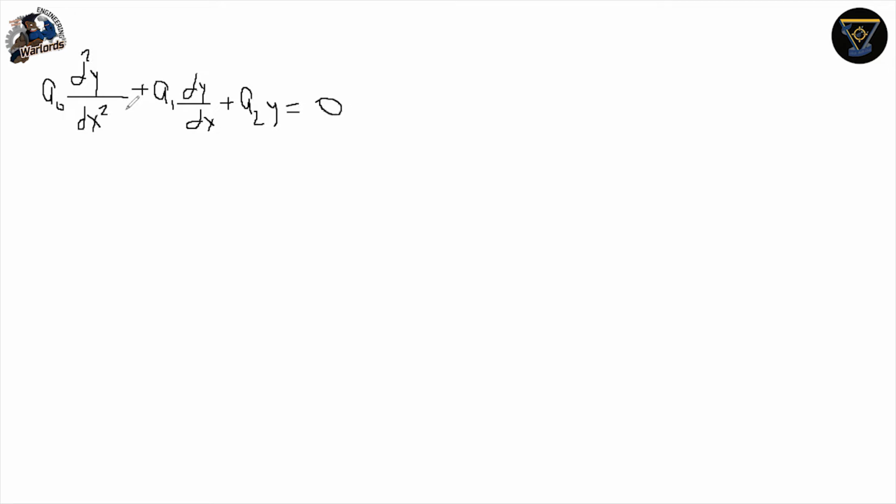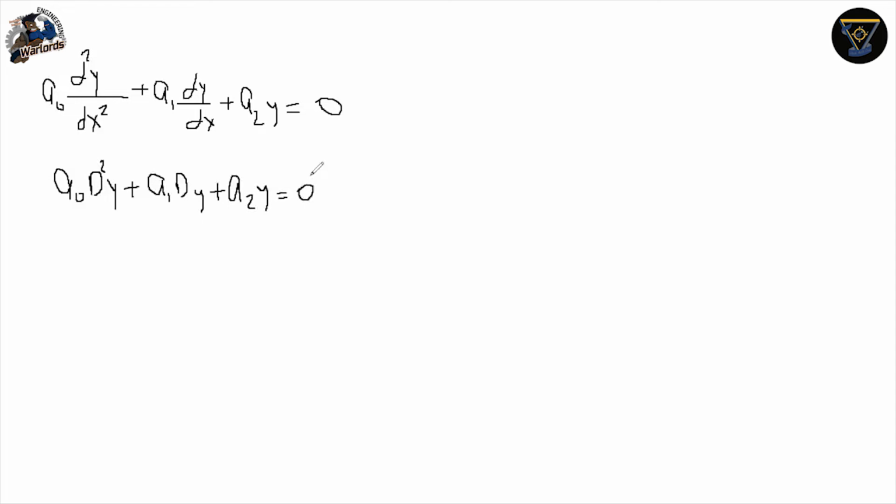The first thing we need to do is to make dy over dx dy. And when you square this, it's going to just be a naught d squared y plus a1 dy plus a2y. And this will equal 0.